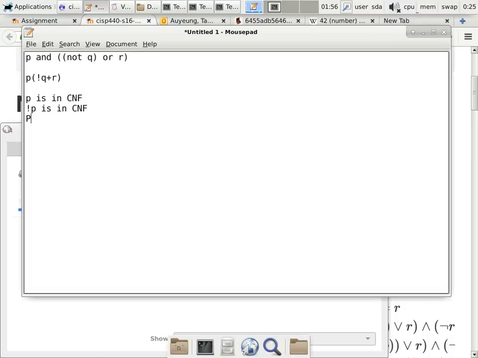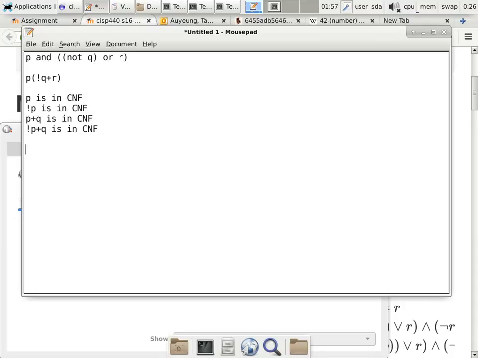P or Q is in CNF. Not P or Q is in CNF. Because if you just have a variable or the negation of a variable and you only have those components inside the disjunction, that disjunction is still a CNF.